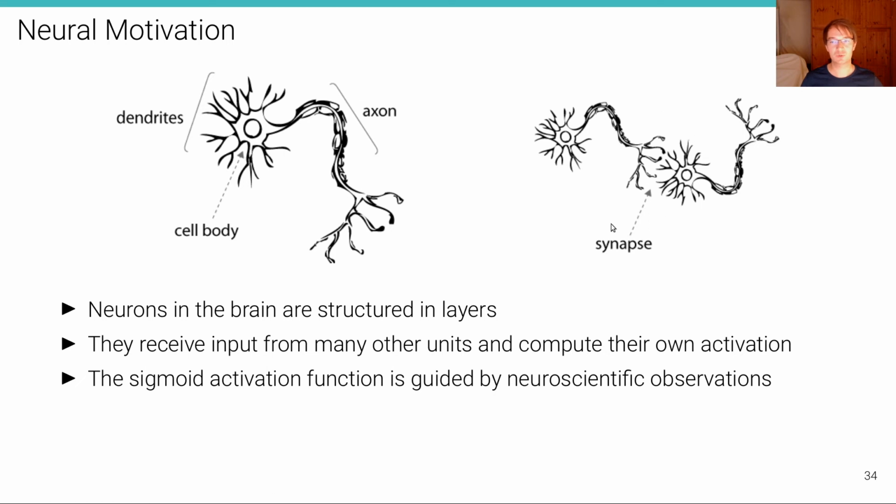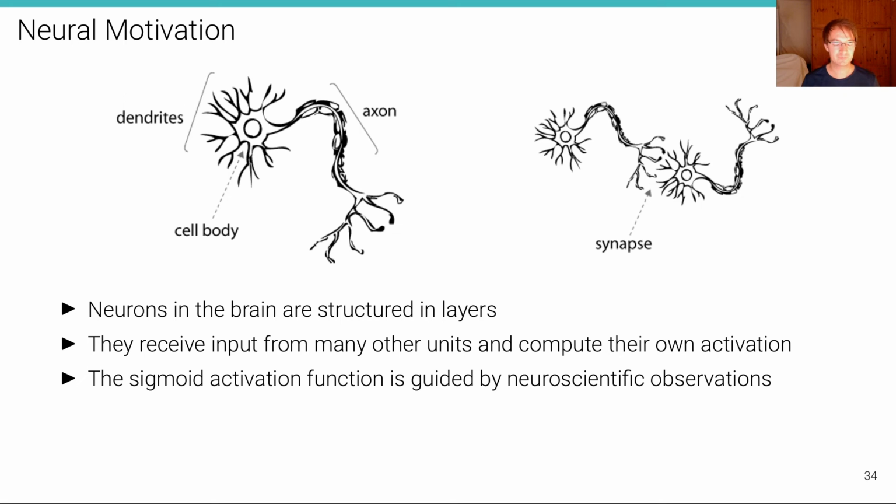So there could be multiple other cells here that receive from this neuron, and so the axon determines basically the weight or the strength with which this information is transmitted. And this is how these neural networks in the brain relate to the artificial neural networks, very loosely speaking.